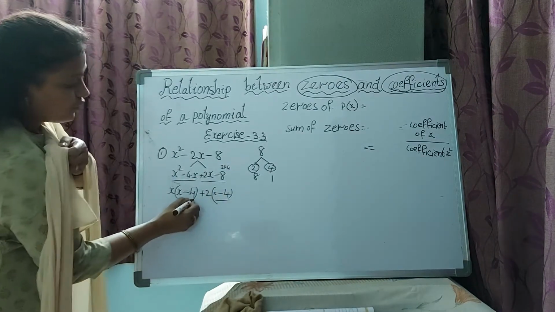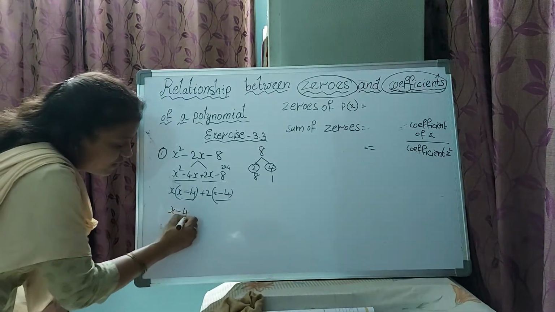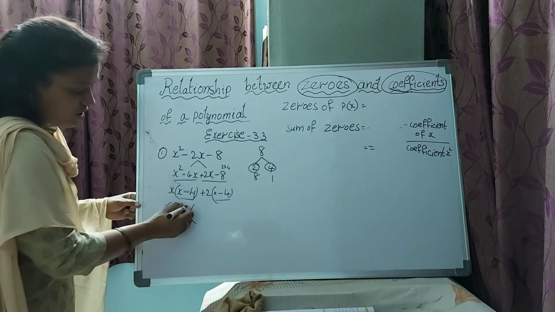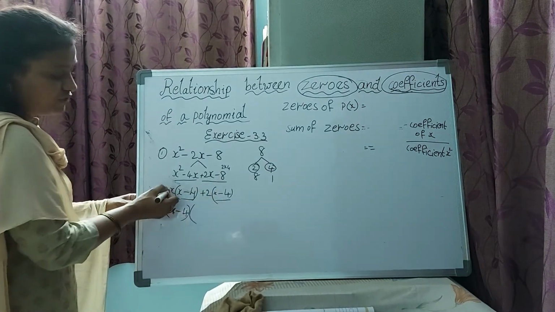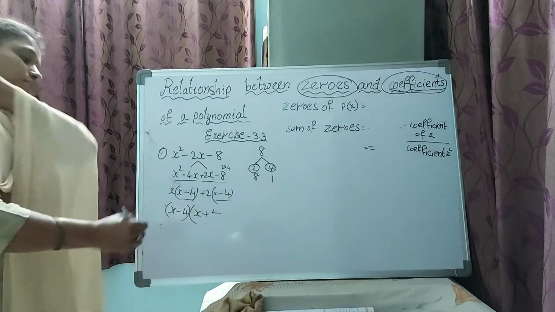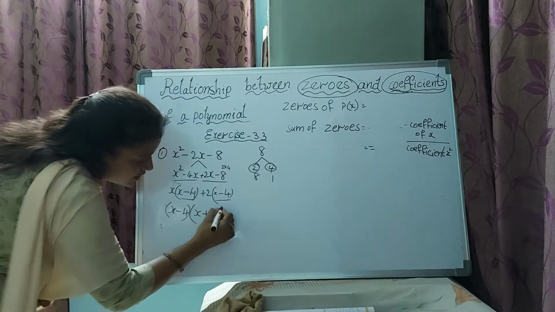So x minus 4 is again common. Take x minus 4 as common. If you take x minus 4 as common, what are the remaining terms? x plus 2.